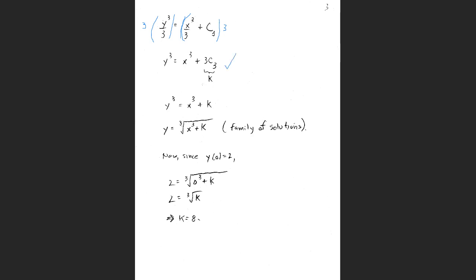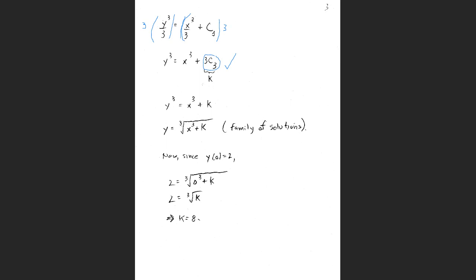And I'm almost ready now to solve for y, so I'm going to let 3 times c3 be my big K. I could also call it big C. WebAssign tends to like the capital C for its constant of integration. Not always, but.